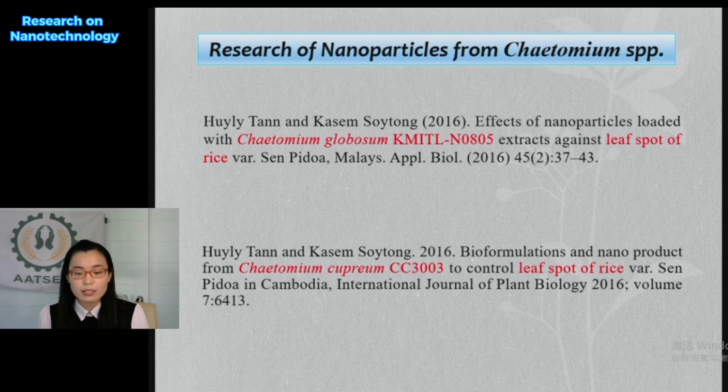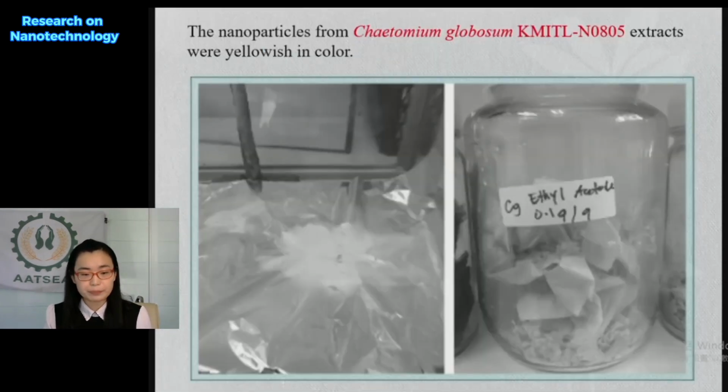the effects of nanoparticles loaded with Chaetomium globosum KMITL species extracts against leaf spot of rice variety. And also Chaetomium cupreum CC3003 can control the leaf spot of rice in Cambodia, which is caused by Curvularia lunata.